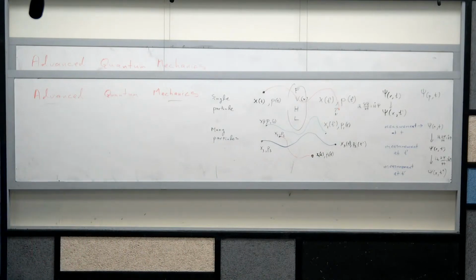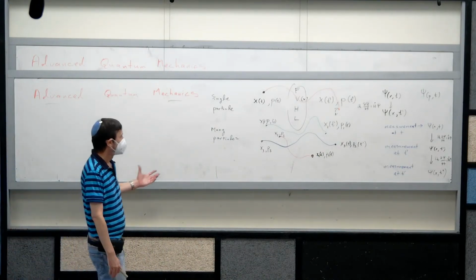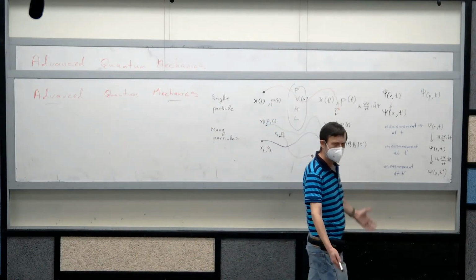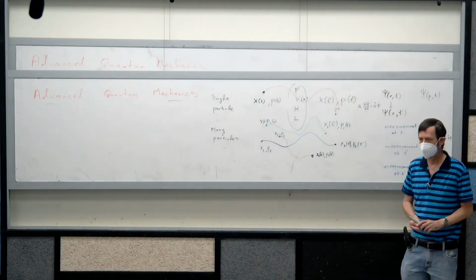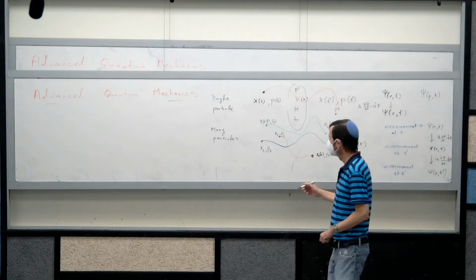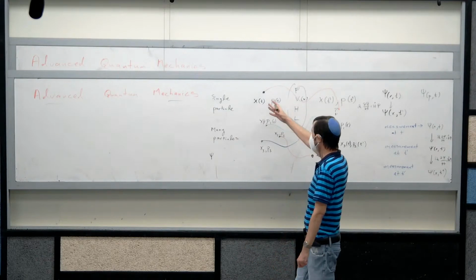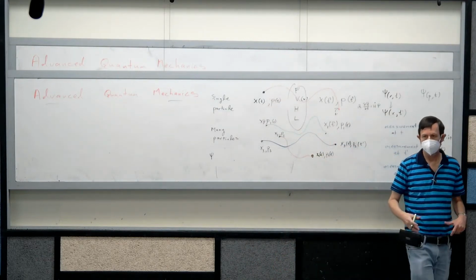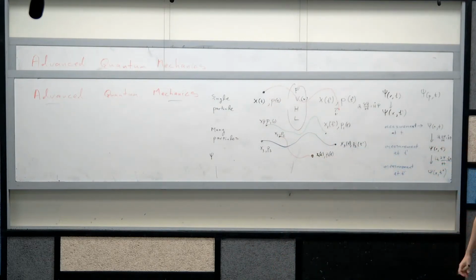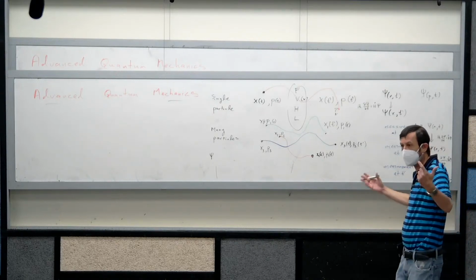Okay. So you can ask yourself, come on, what's the problem? I know that instead of one coordinate x, I have here n coordinates.